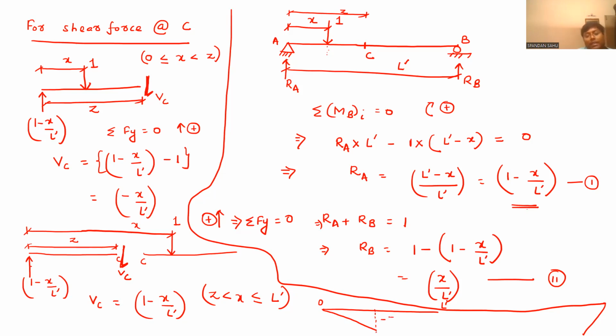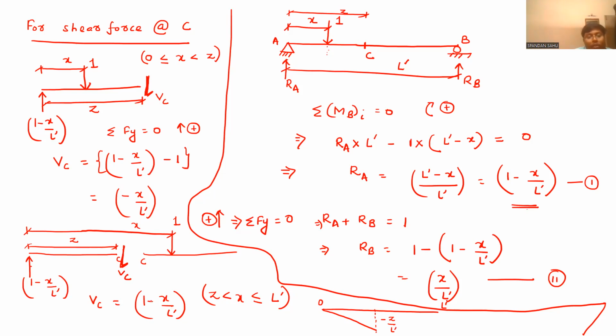This is minus Z by L prime. Now come to this side. When this unit load crosses that point C, which is at a distance of Z from the left support, now put here x equal to L prime.